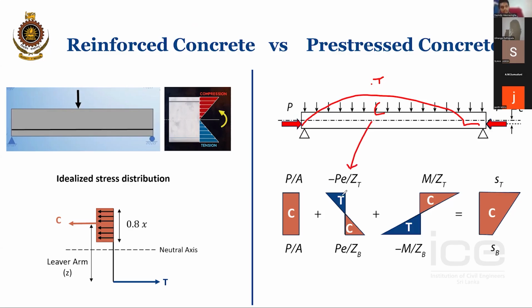If you take tension as negative, the most important formula that you will ever remember is M over I equals sigma over y.